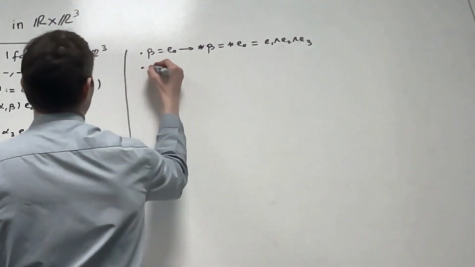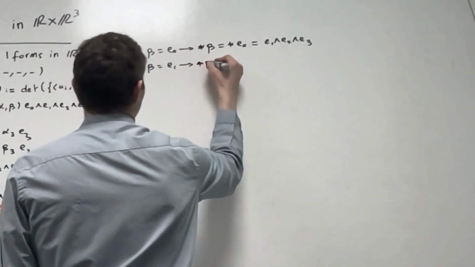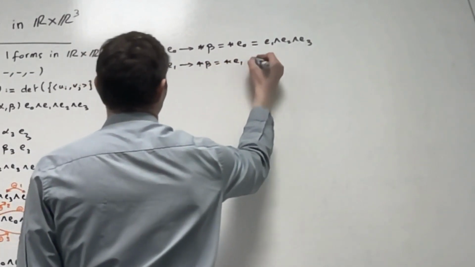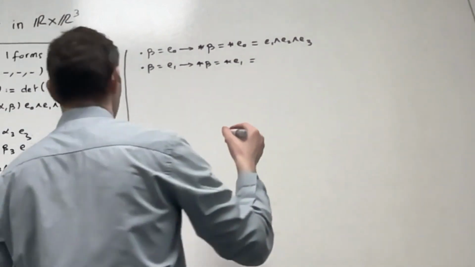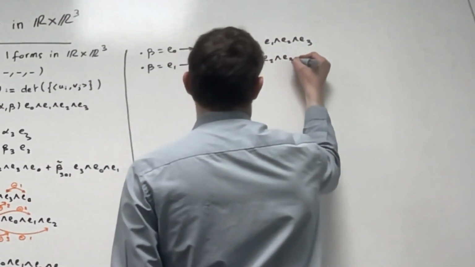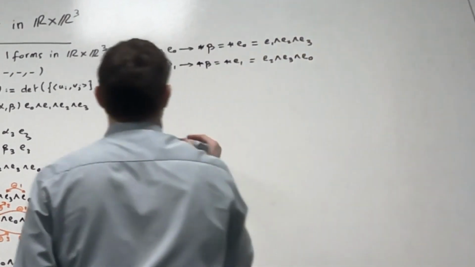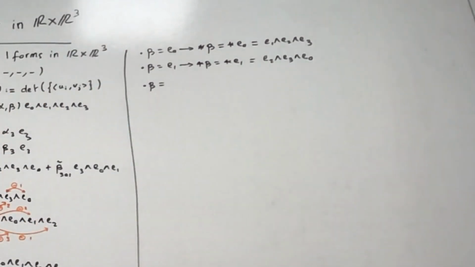Okay, but then if we take beta is equal to E1, then we've got that this is equal to star of E1. And essentially the Hodge dual is a form, and this is going to be E2, E3, E0.